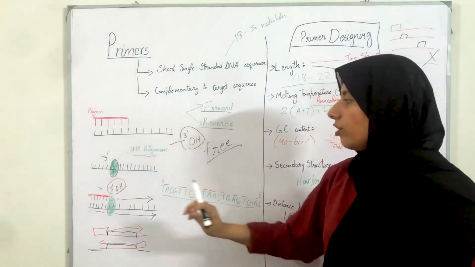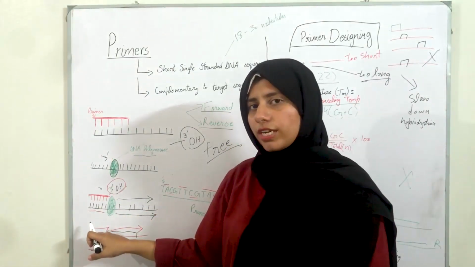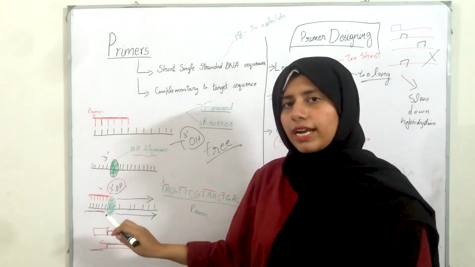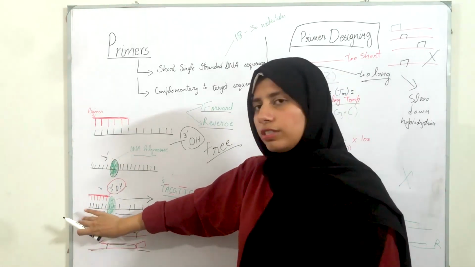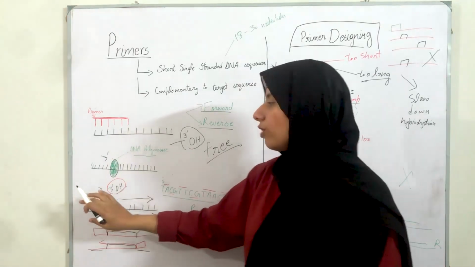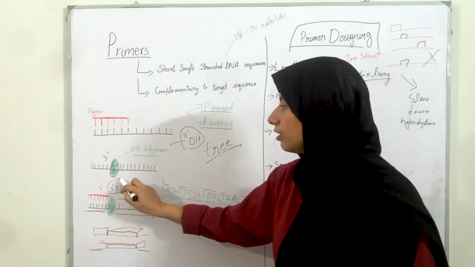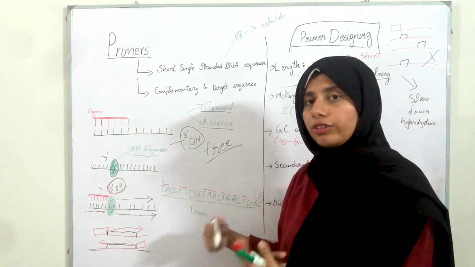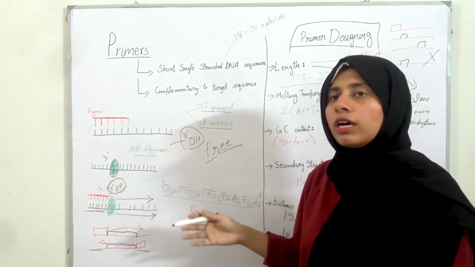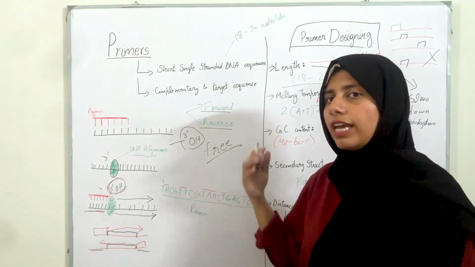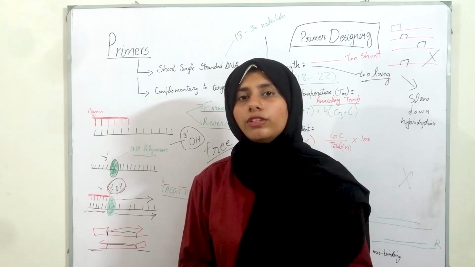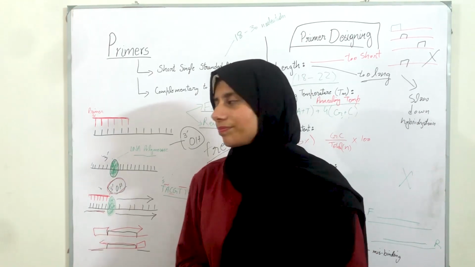So that's why we provide primers in this reaction. As the primer is complementary to your strand, it attaches to the strand, and then you have a free hydroxyl group which DNA polymerase can use to add new nucleotides. So that's how DNA is synthesized with the help of primers, and this is why we provide primers in your PCR reaction.